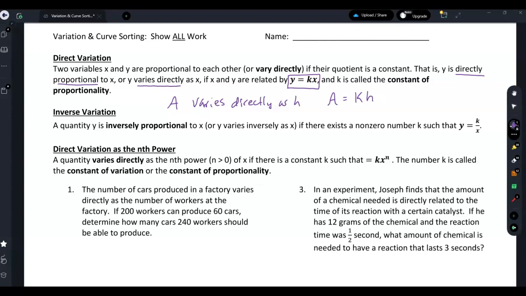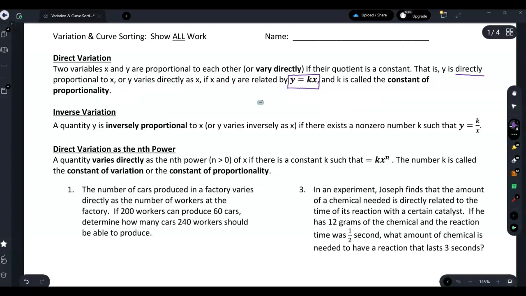So if I said a varies directly as h or a is directly proportional to h, I would write a equals kh. So we're looking for that key phrase and then using that formula, replacing the variables for whatever's relevant for that problem.